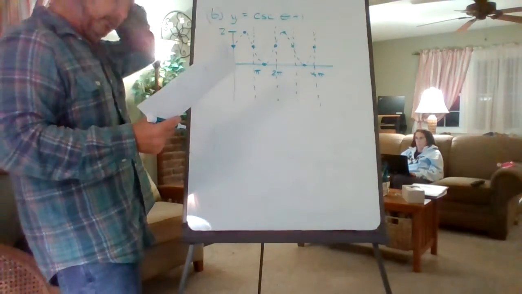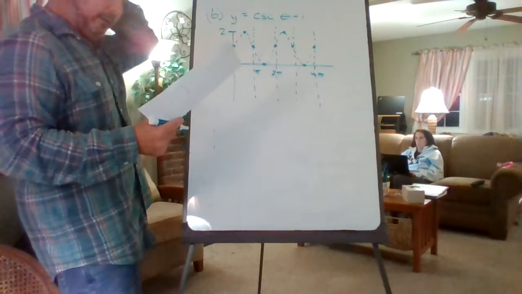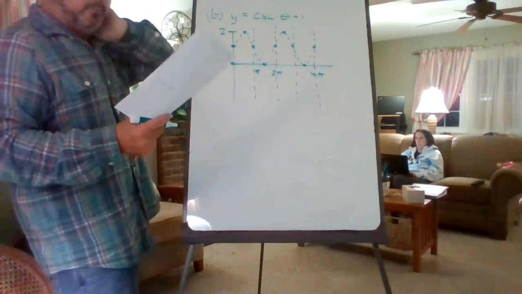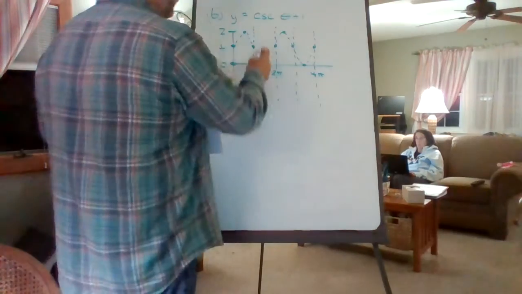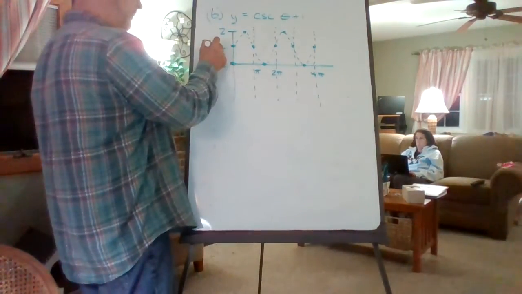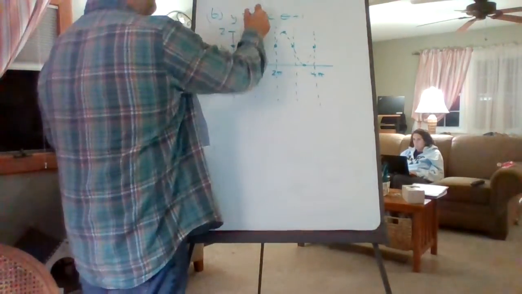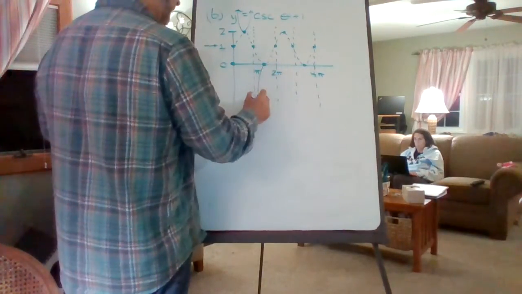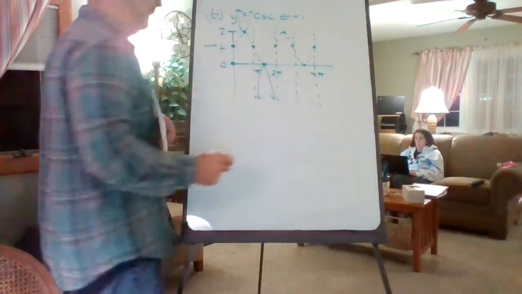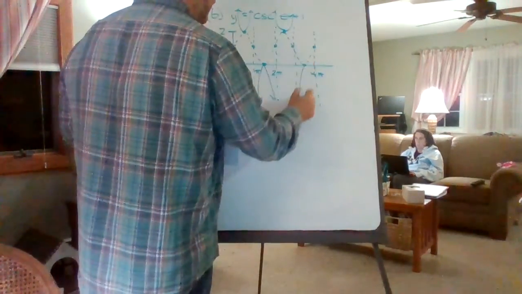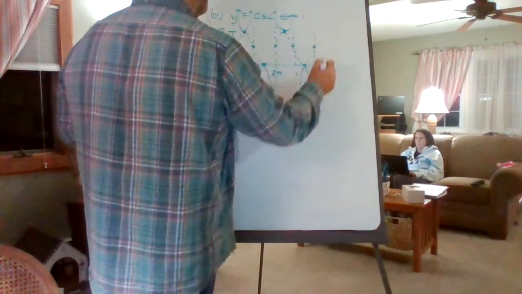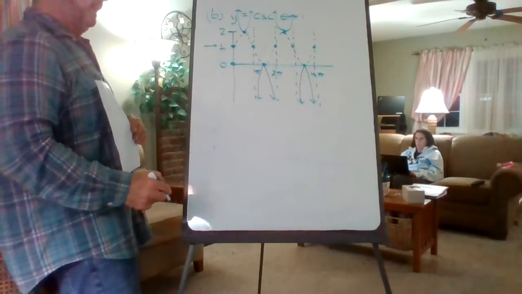If we plug in pi, the cosecant of pi, since sine is 0, would be a number over 0, which doesn't exist. All right, so the asymptotes now are not at 0, they're at the 1. So basically it shifts everything up. I don't know if that's easier or harder for you, but that's the idea behind it. So that's what we're looking at for that.